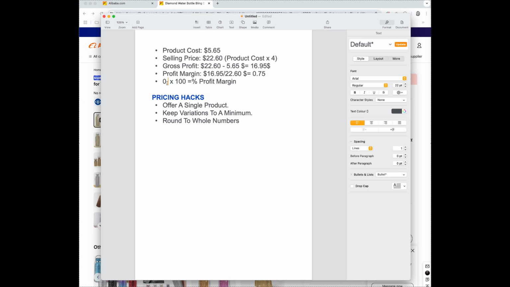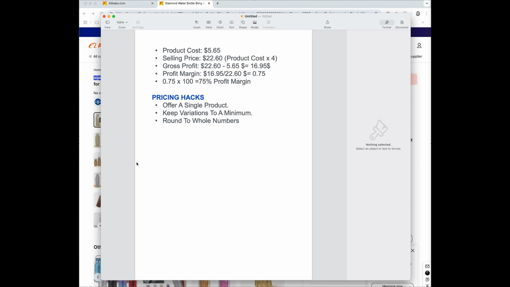Now we're going to multiply our 0.75 by 100, and our profit margin is 75%.